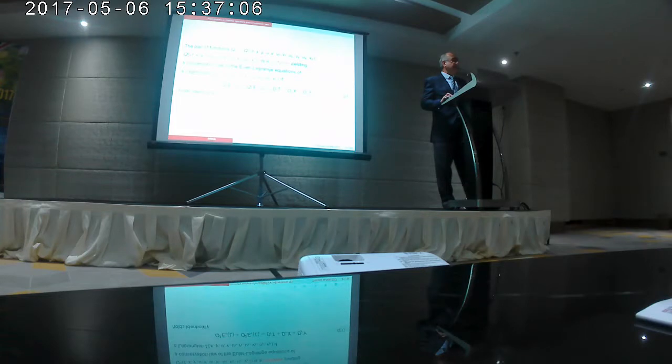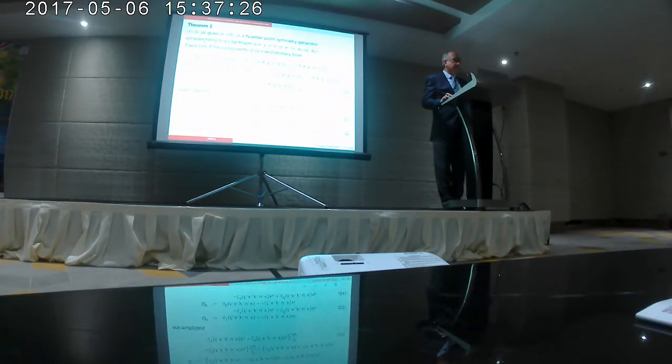So the pair of functions Q, which is given by Q1 and Q2, is a multiplier yielding a conservation law of the Euler-Lagrange equations of a first order Lagrangian if this equation holds identically. So now we state a theorem which is in 2 parts.